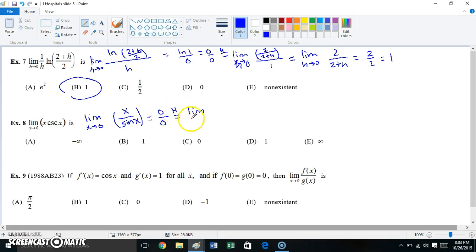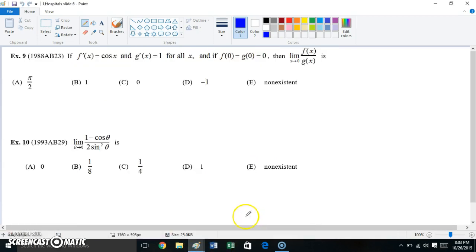Applying L'Hopital's rule, the derivative of x is 1. The derivative of sine x is cosine x. Evaluating that limit, we get 1 over 1, which is 1.